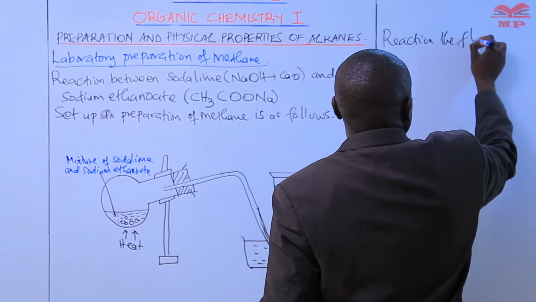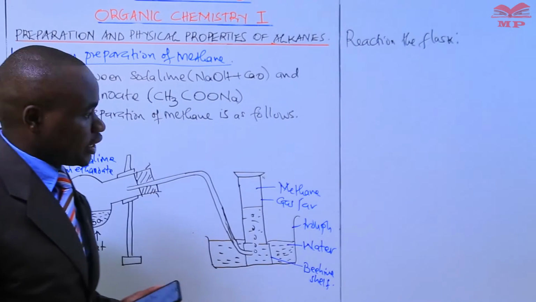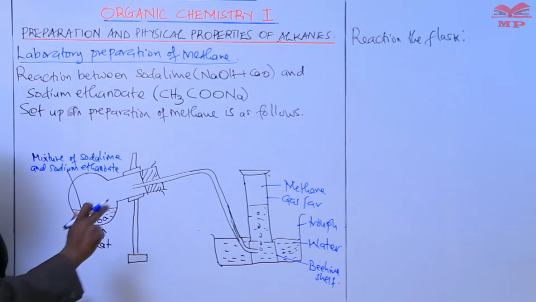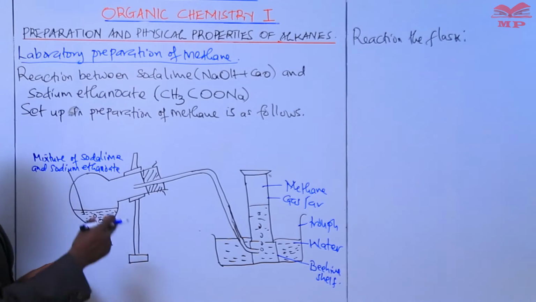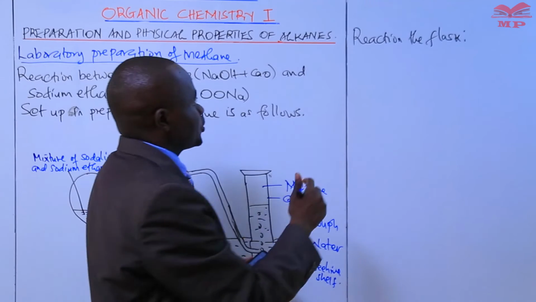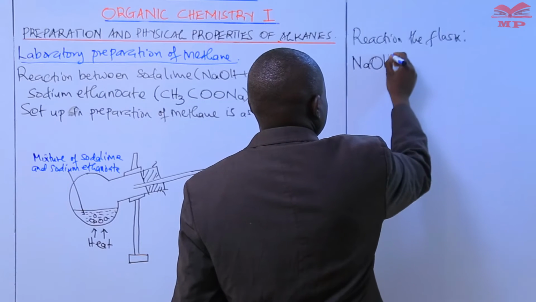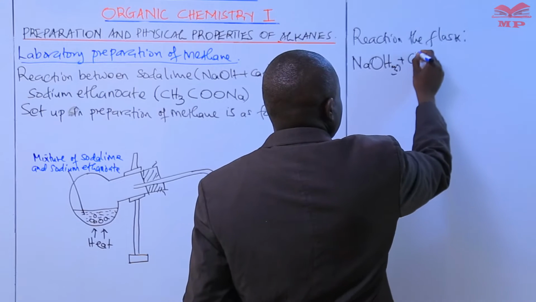Now, remember we have said in the flask, there is the reaction between soda lime and sodium ethanoate. So the sodium hydroxide is the main component that is going to react with the sodium ethanoate. So the reaction is as follows. So reaction between sodium hydroxide and sodium ethanoate.